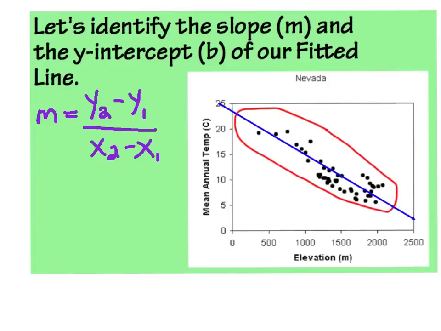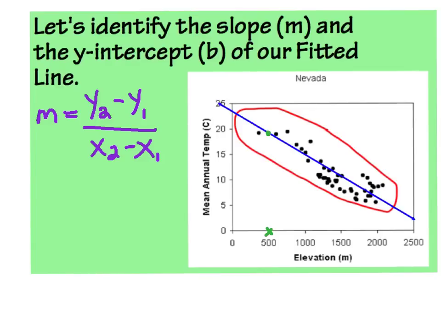Okay, so since I'm going to try to pick decent points, I'm going to start right here with 500, and I'm going to go up to my fitted line from 500 and put a point on the line. Okay, looks to be about there. Okay, so hopefully you can see my green dot right there.